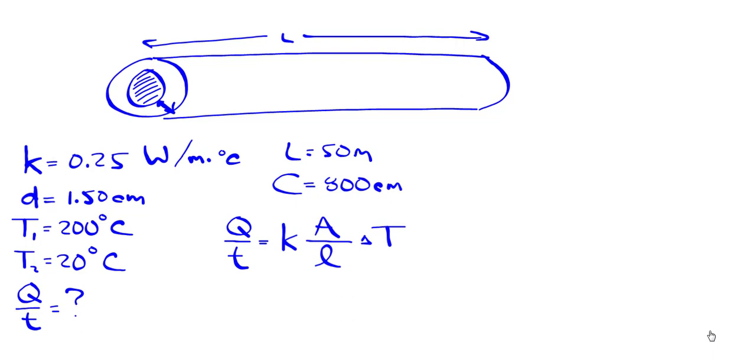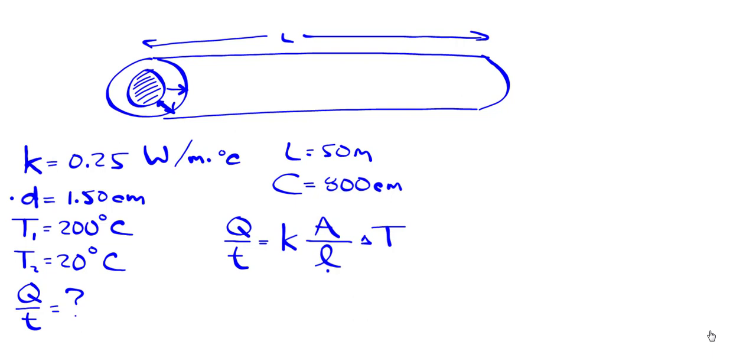The only thing that's particularly challenging about this problem is that the area is not given, and there is some confusion here. The L in the equation is actually the thickness of the material. The heat will pass through the material on its way out. So you've got to be careful.